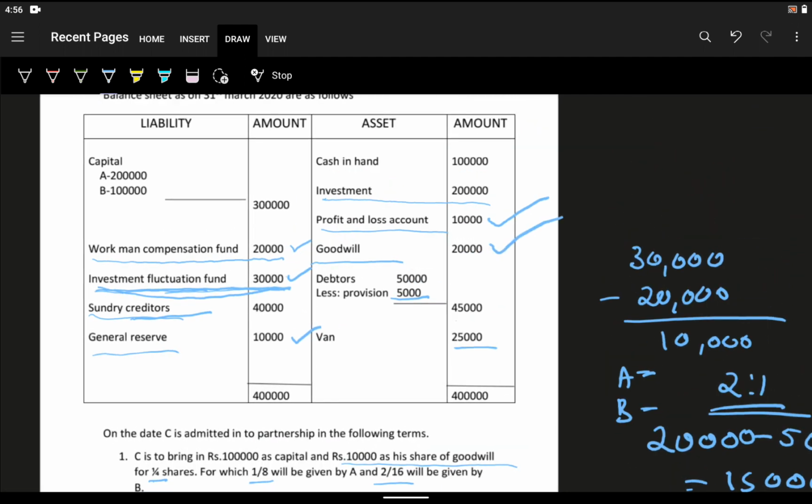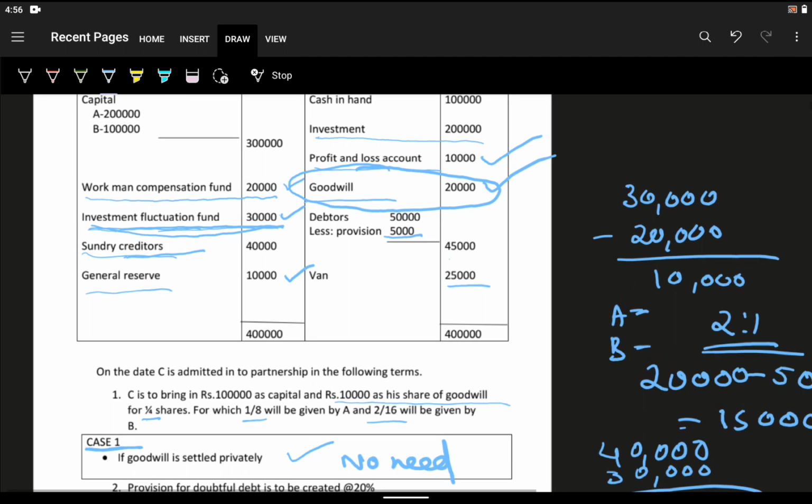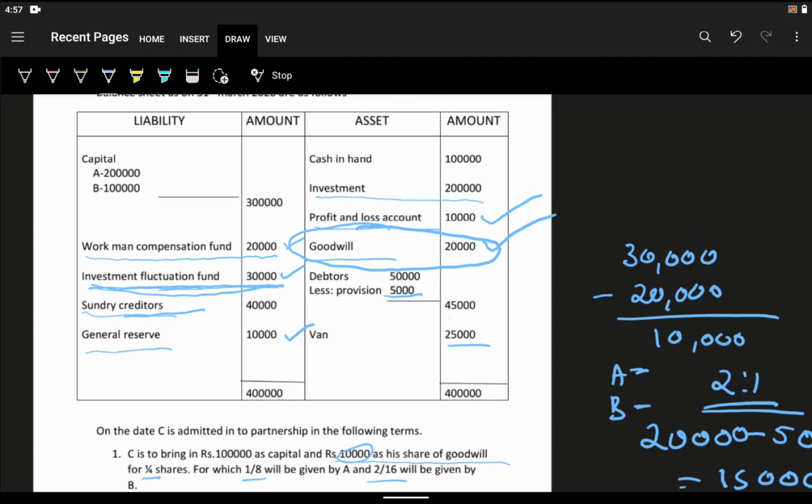Goodwill also is there. This goodwill which is found in the balance sheet, we can call it purchased goodwill. Students always have confusion about why there is a goodwill in adjustment, that is this goodwill 10,000, and why there is a goodwill in the balance sheet.